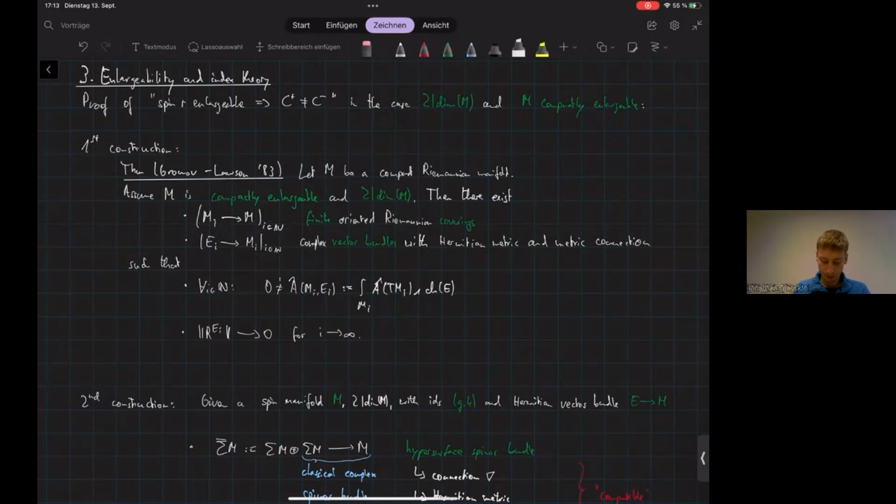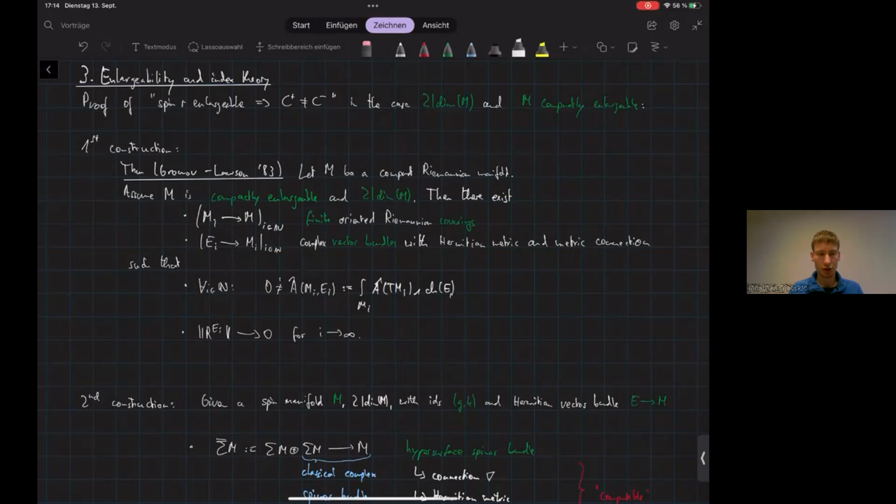First of all, there is some twisted A-hat genus, which is given by integrating the A-hat form of the tangent bundle together with the Chern form of the vector bundle, and these twisted A-hat genera should be non-zero for all i.